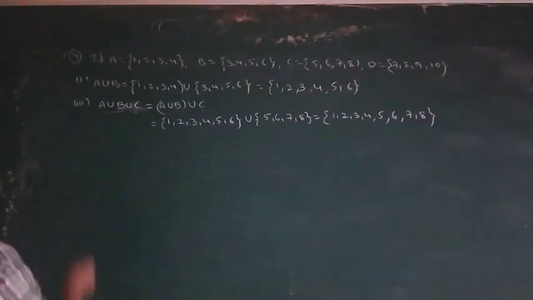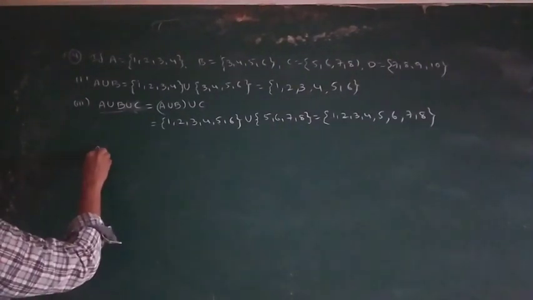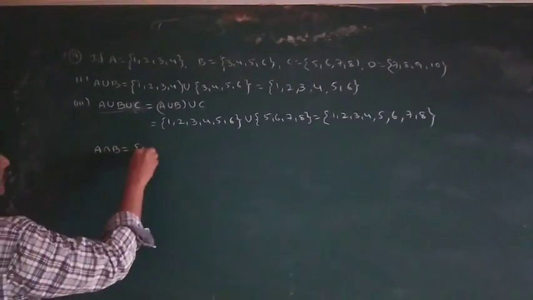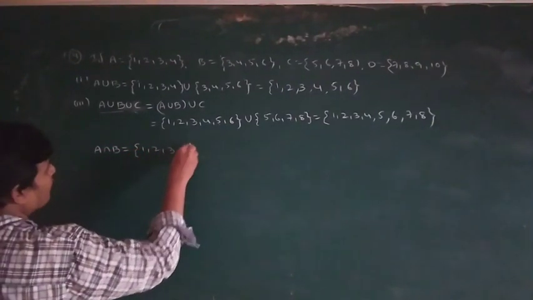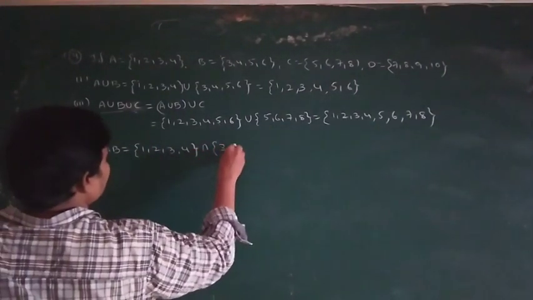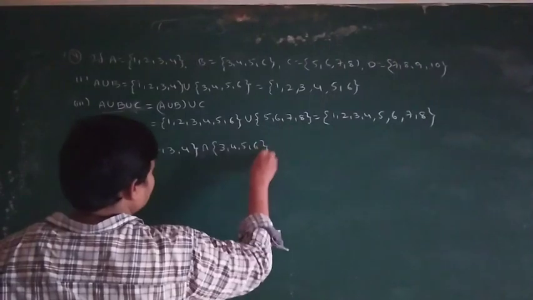Next, A intersection B. A is 1 2 3 4, B is 3 4 5 6.